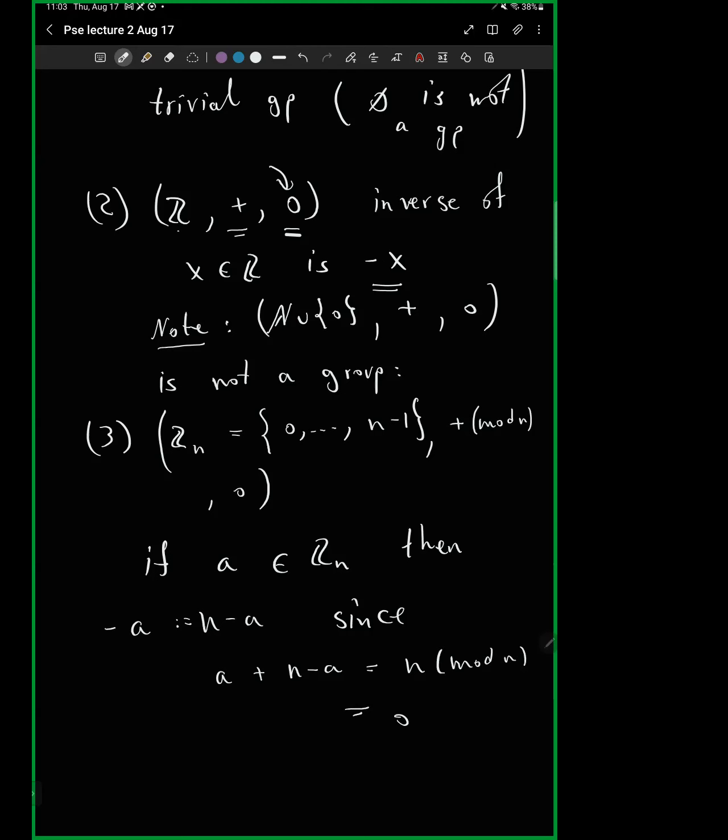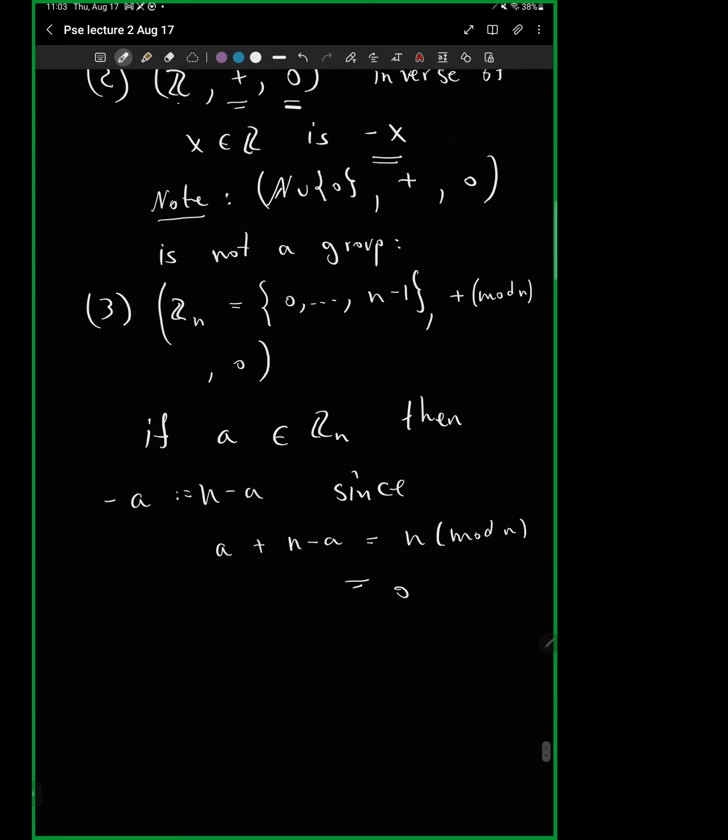Associativity, you need to check it. But taking modulo n is an associative operation. I will just write the equation that you need to verify.